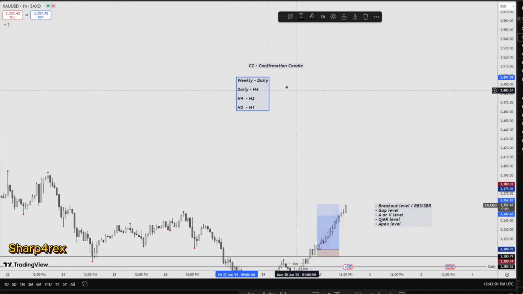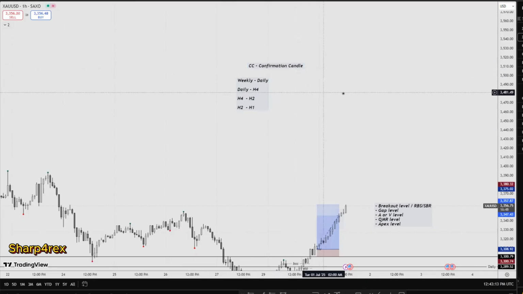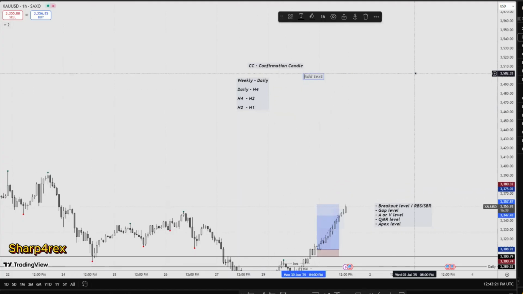But you notice when we're doing the direction, we're looking at daily and then H1. Daily and then H1. So please take note. And in looking at the confirmation candle, it has two ways of looking at it.